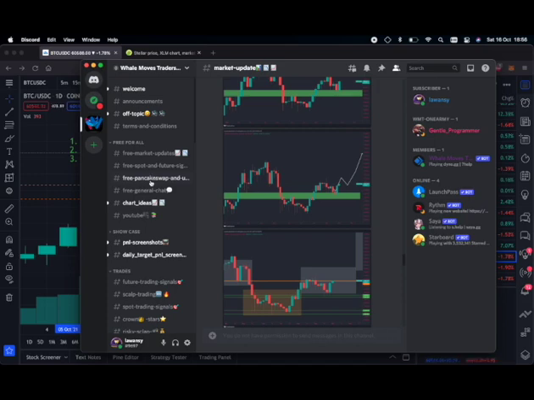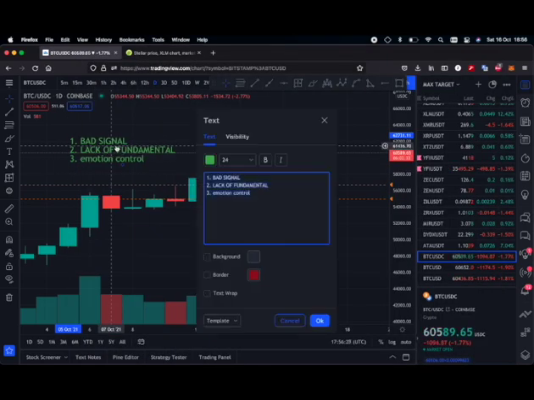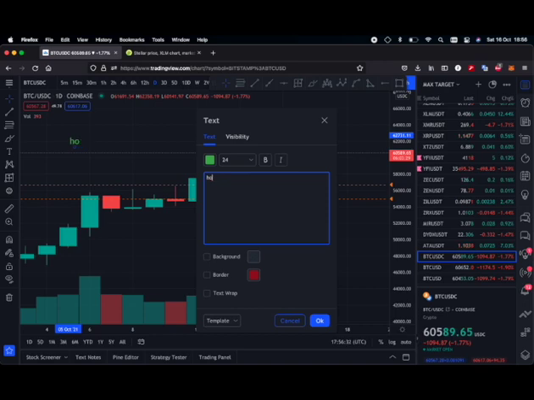I think the second one is how to create a successful trading plan and why you need one. Okay, this is very important. So, how to create a successful trading plan and why you need one.